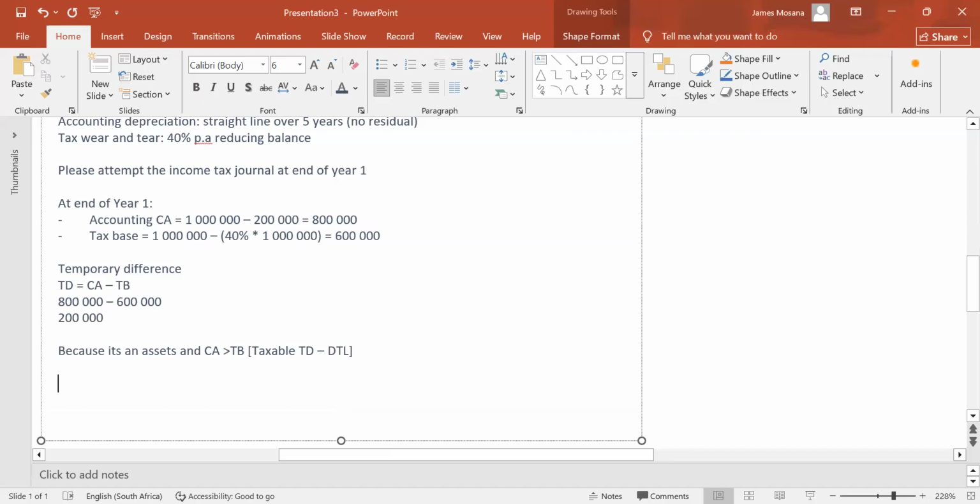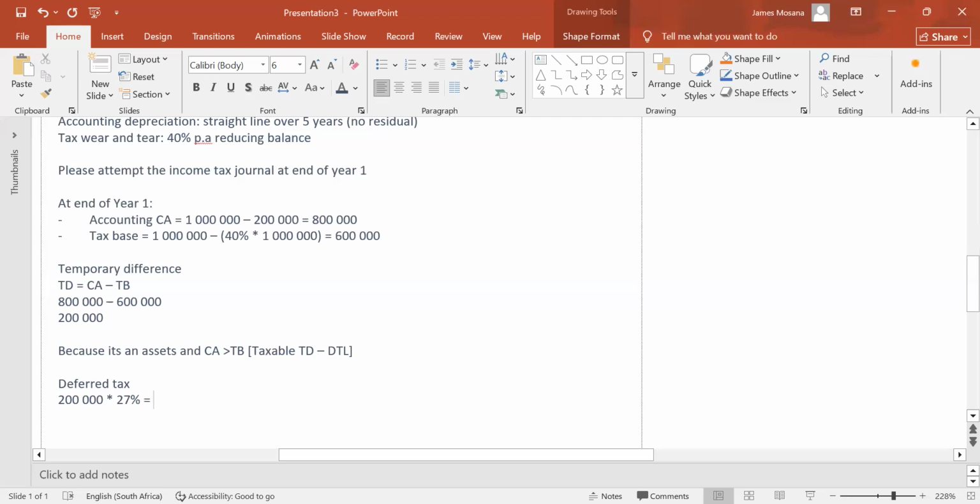So now, let's calculate our deferred tax. We are going to take 200,000 multiplied by 27%, as that's our tax rate.